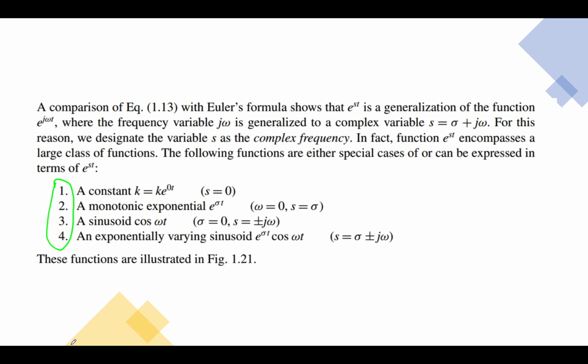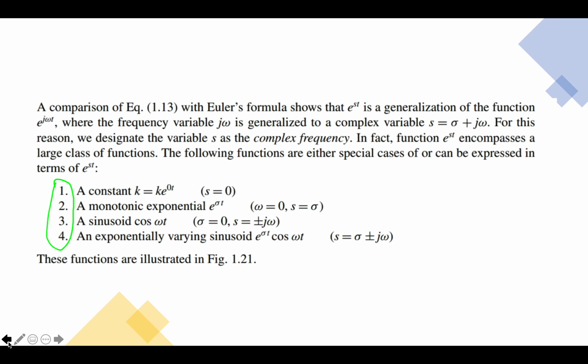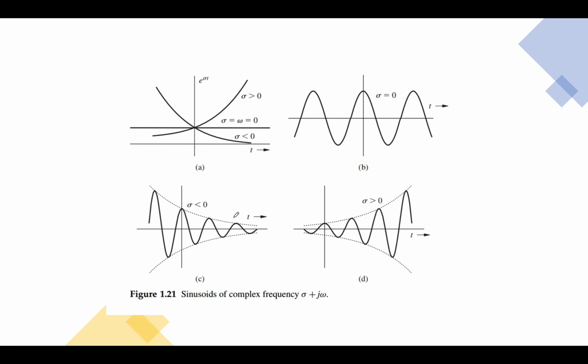And these are illustrated in figure 121. So here you're shown some of the different possibilities, A, B, C, and D, which relate back to these. They're not one for one, because what you have here is your sinusoid where sigma is 0.